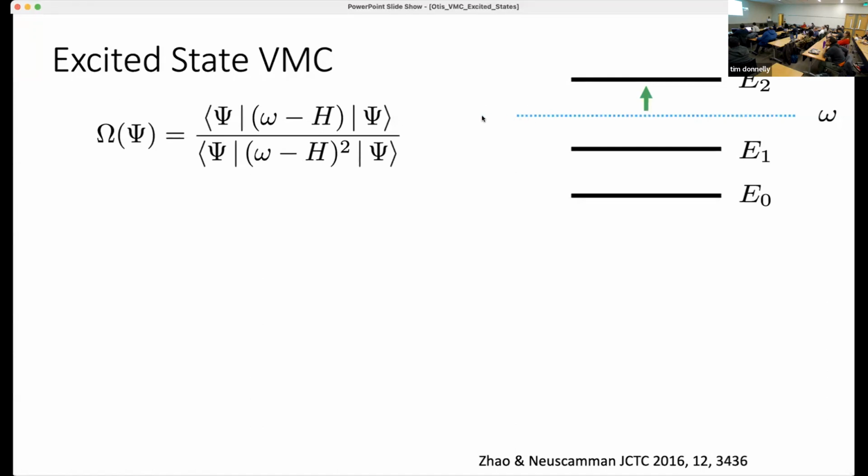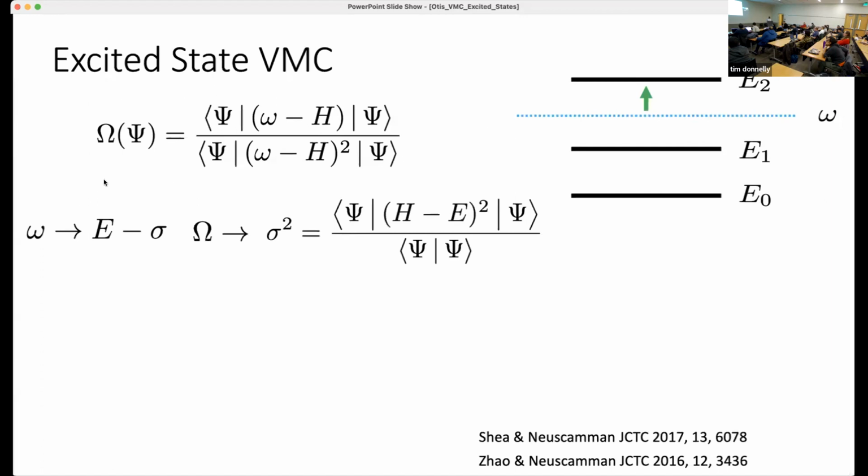A detail is that this quantity is really related to the variance. In practice, you self-consistently vary this input energy, little omega, to the energy of the state that you're targeting minus the standard deviation of that energy. And this turns the capital Omega into the variance.